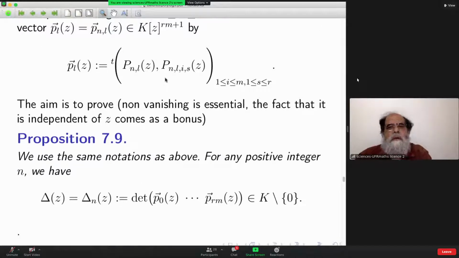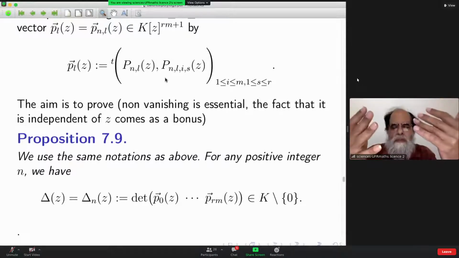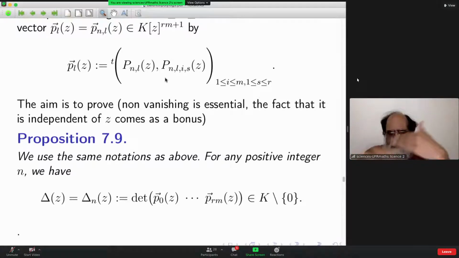You see, remember that PNL, PNLI approximate your thing. So if you perform line and column shift, you are going to have the remainders in all the other lines and just one line with big polynomials. And the remainders are in 1 over Z to big power.